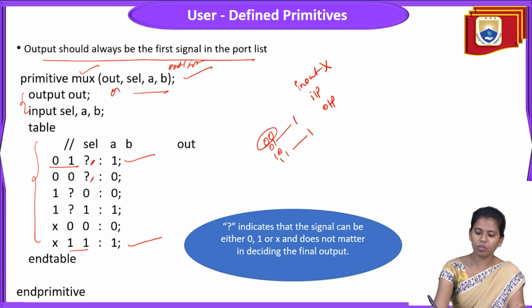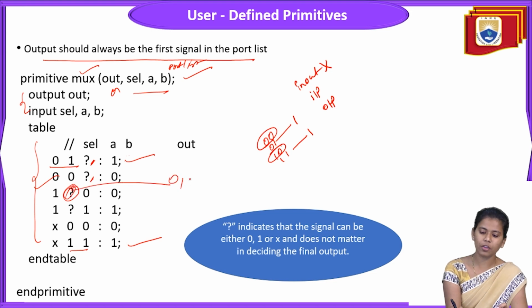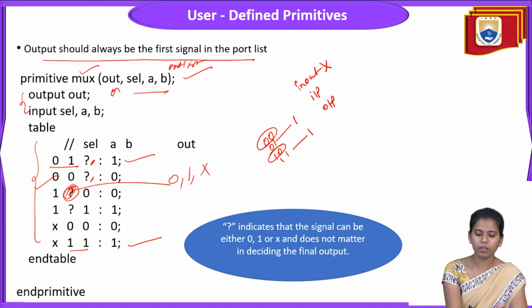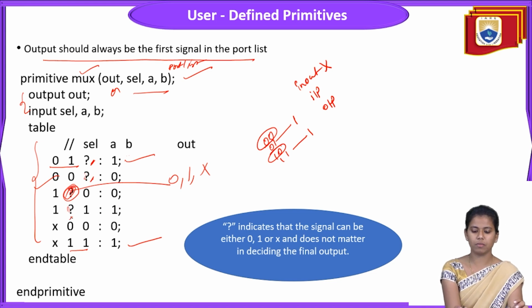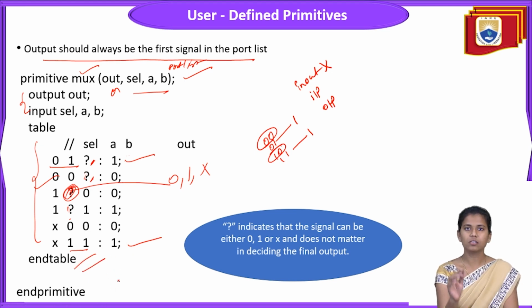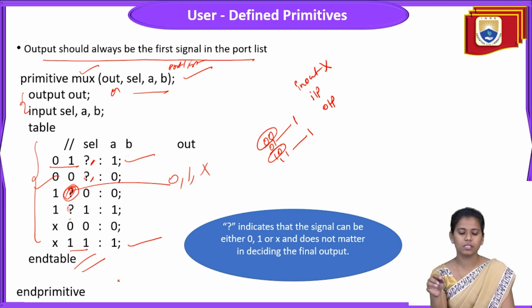For 0, 0 and 1, 0, we are observing that somewhere the input could be either 0 or 1 or don't care. In those cases, we mention the question mark, and we end the table with end table, and the syntax with end primitive.